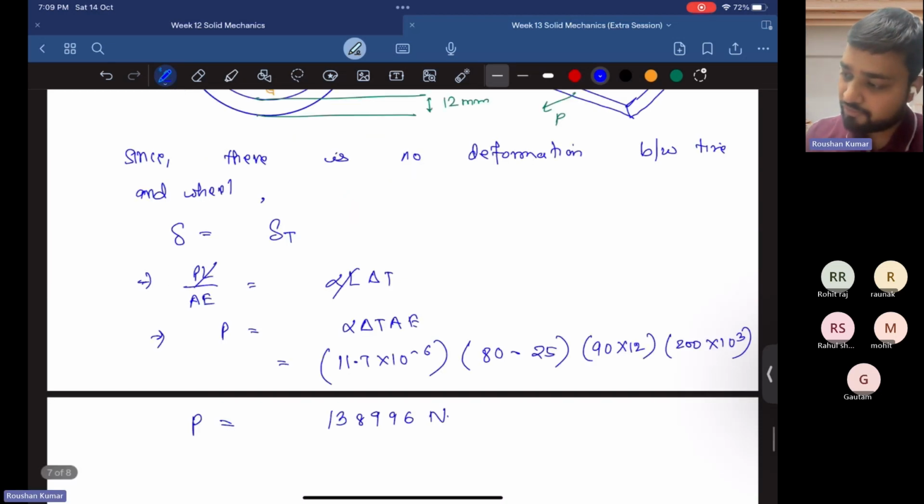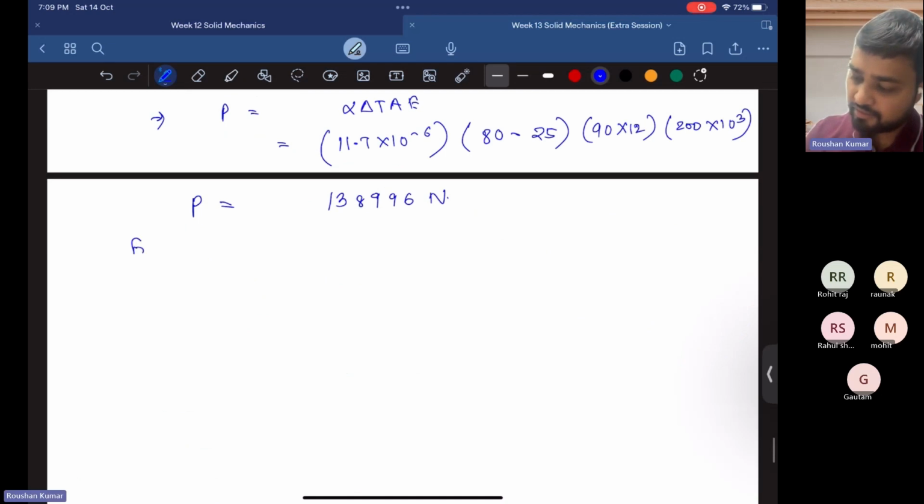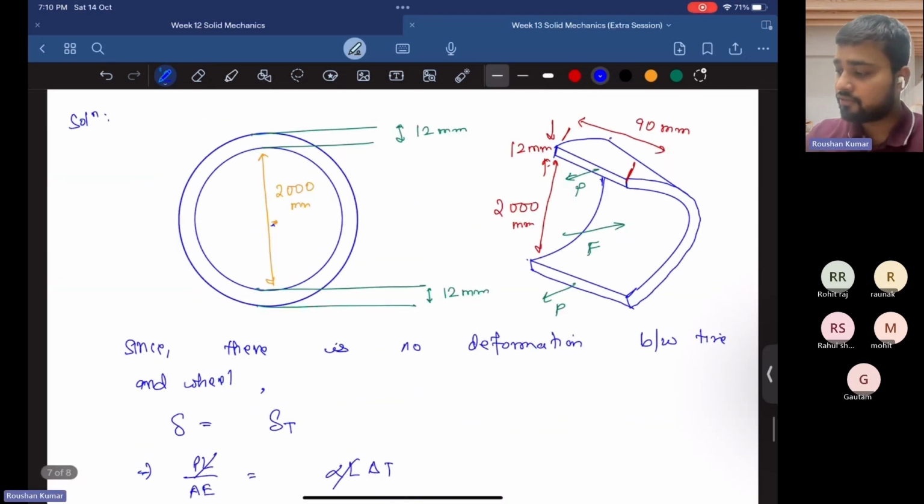So from the figure, we can see that F is equal to 2P, and F is basically the contact force.